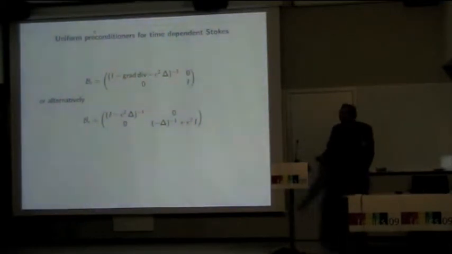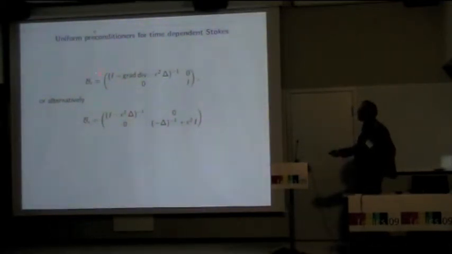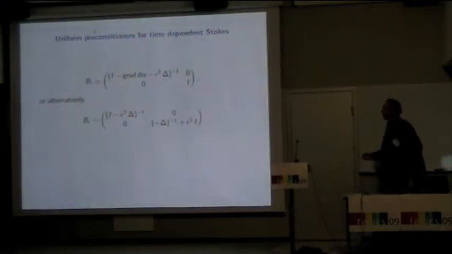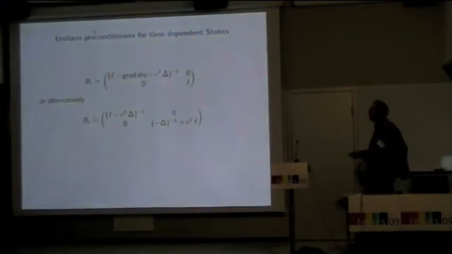Remember, for epsilon equal to 0, we have this (I minus grad div) inverse and identity, and we also had the one which had identity here and the Laplace inverse down here. So if you look at the two we have here now, both have the property that when epsilon is big, they basically look like a Stokes preconditioner.